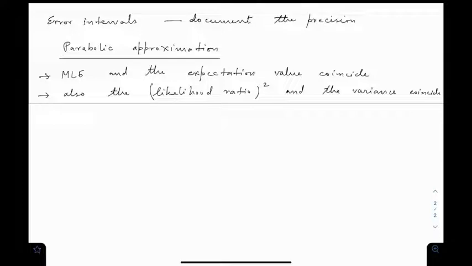For a single parameter, we can approximate the likelihood function by an expression like this. So change in the log likelihood by half corresponds to the second derivative at theta hat.